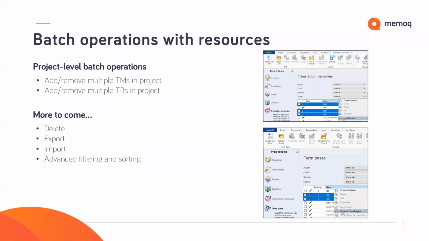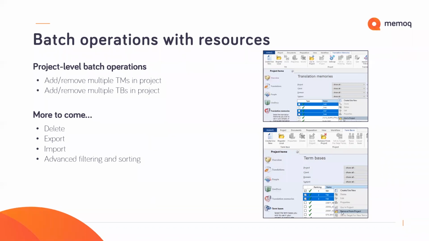Based on our interviews, both project managers and freelancers reported that what they would love to have first is to be able to add and remove multiple TMs and TBs in projects. So this is exactly what we did. We are trying to fix those immediate pain points.